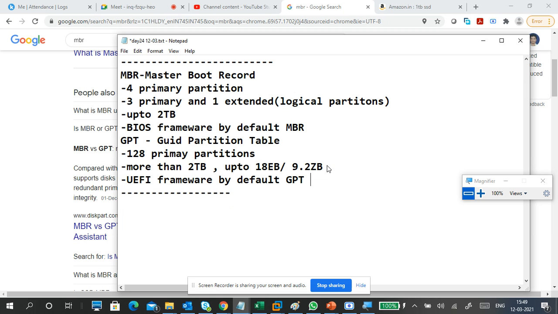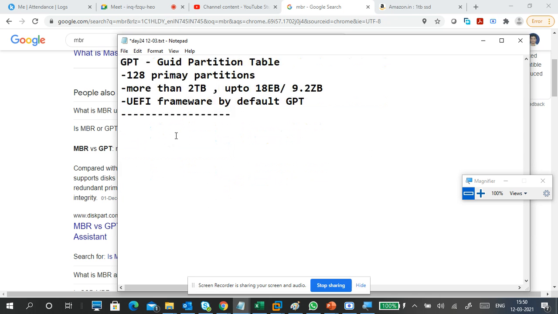You have to use Windows 8 and Windows 10 as UEFI supporting operating systems, and CentOS 7 and Enterprise Linux 7 onwards support it. This is the major difference between MBR and GPT.